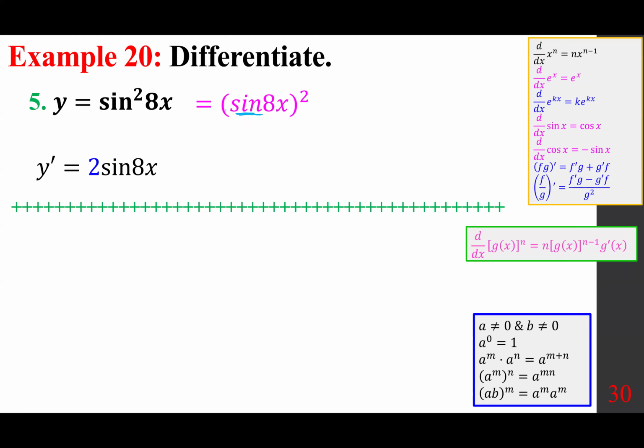Cosine of what? The same argument. And then its derivative is 8. And now 8 and 2, the product of those two, 16 sine 8x cosine 8x. That's the final answer.